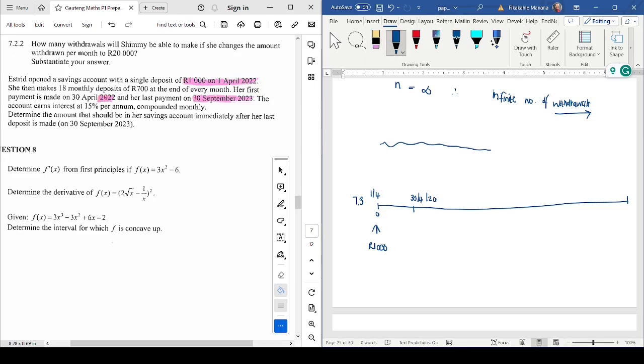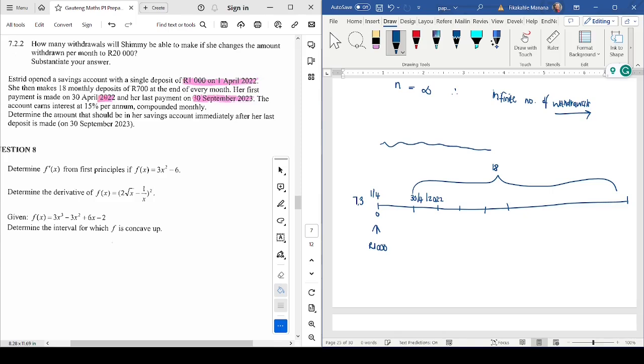Okay, so 2022. And at the end of the month, so it's going to be 30 April, 30 May, 30 June, July, August, etc. until we get to 30 September 2023. And those amounts are done over, or rather, they are 18 monthly deposits.